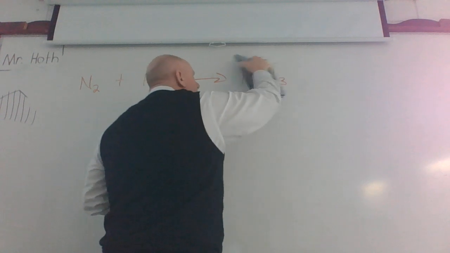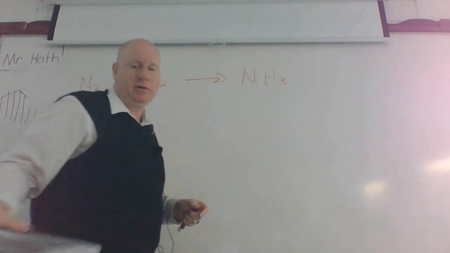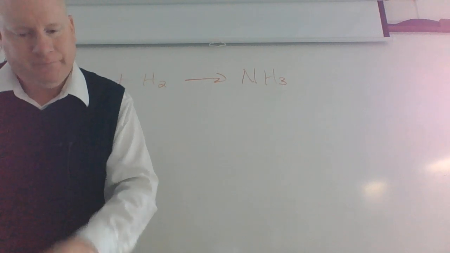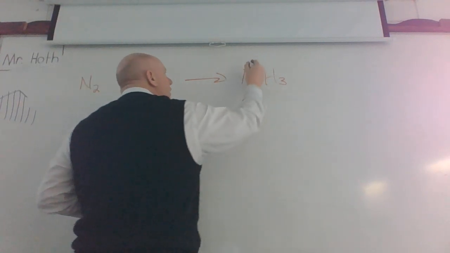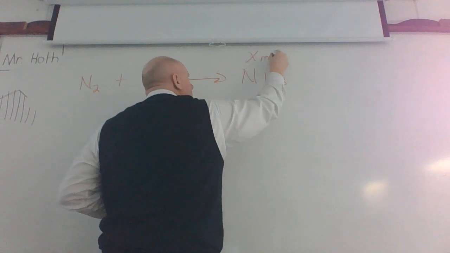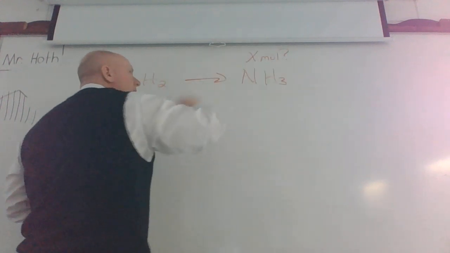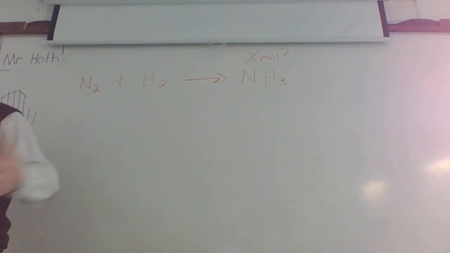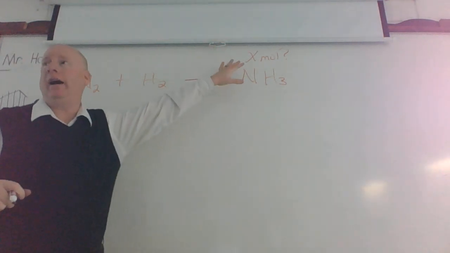Okay. So the next thing you're going to want to do is notice it says, how many moles of ammonia? That's this. We don't know. Now, whether you write this setup like this is entirely up to you, what you feel most comfortable with. If you put this above here, fine.